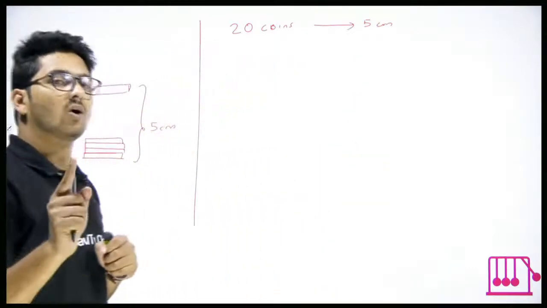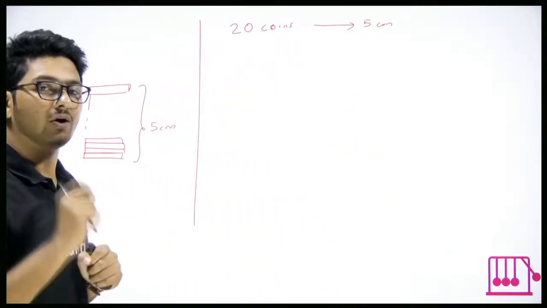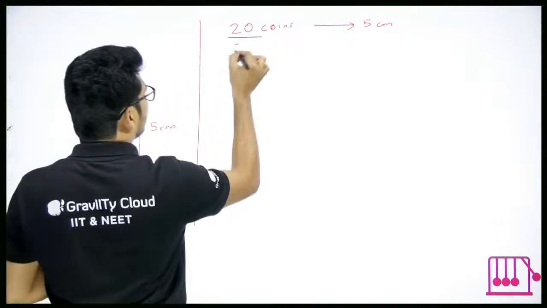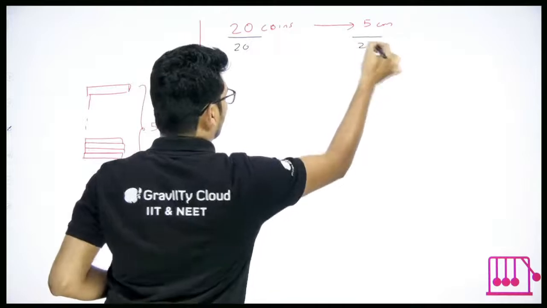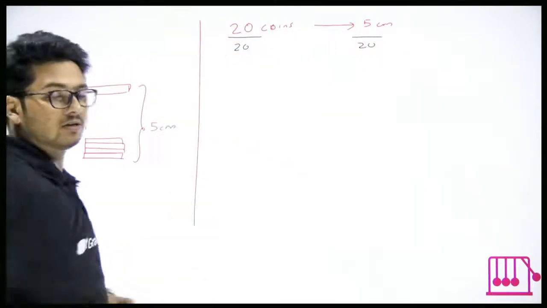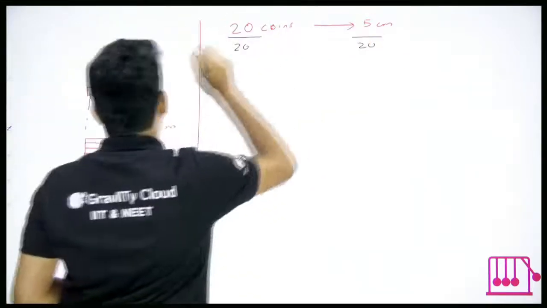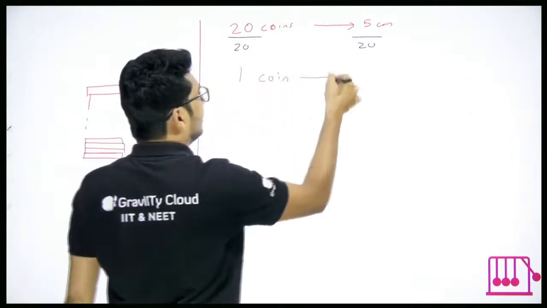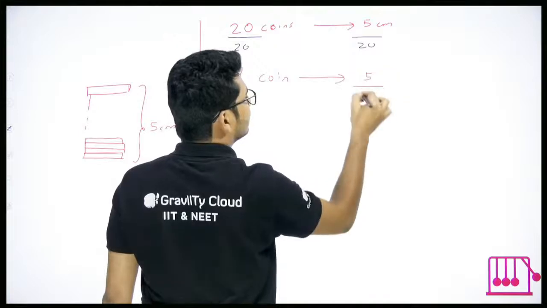But if I need one coin, what will you do? How will you get one coin? You divide by 20. But you do division on both the sides, not one side. 20 coins, 5 centimeter. For one coin, 20 by 20 is 1, will be 5 by 20 centimeter.